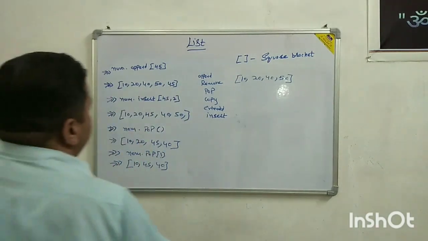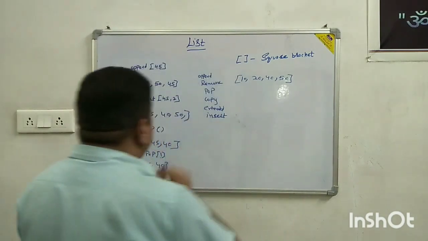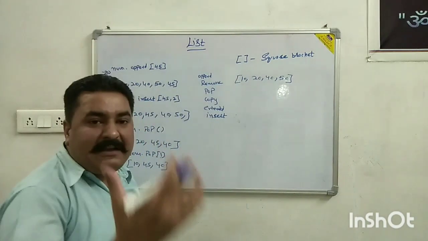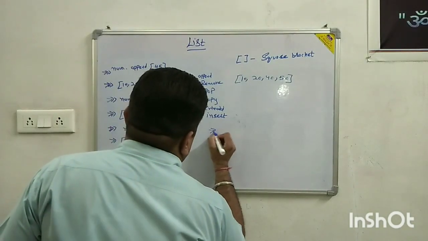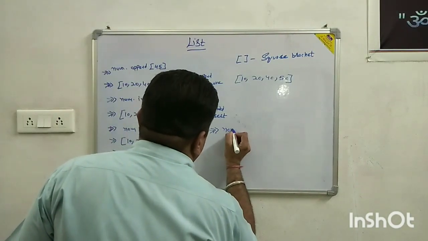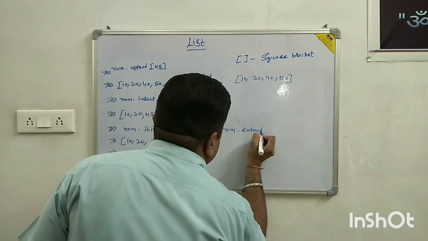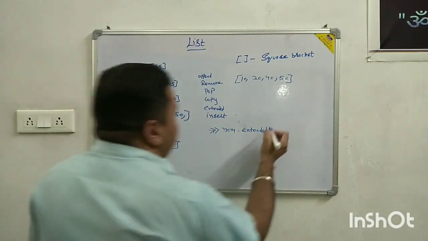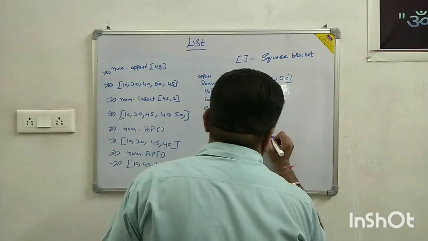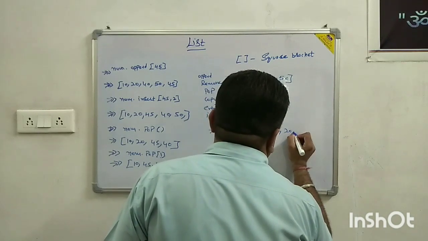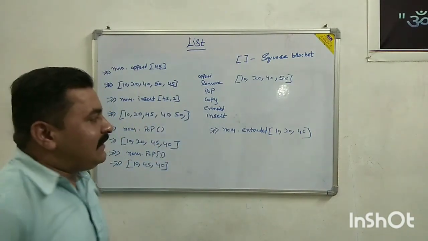Then next is extend. Extend means we can extend multiple values in the elements. So we write here num dot extend, and then we can extend multiple values. I want to extend here 10, 20, 40, so I want to extend the same numbers in the list.